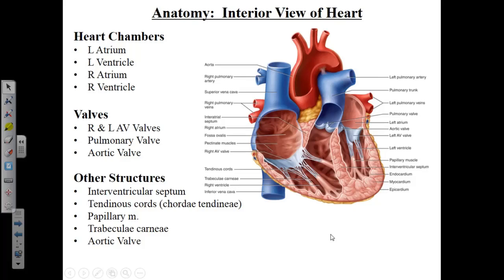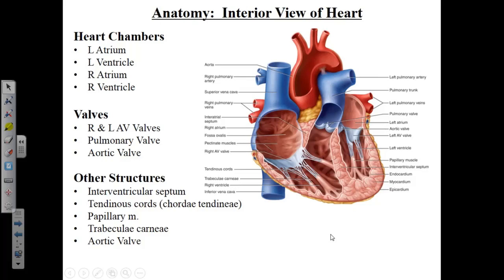The one on the left is called the mitral valve. It's named because it resembles the shape of the mitre, the hat the Pope wears, with the two leaflets.